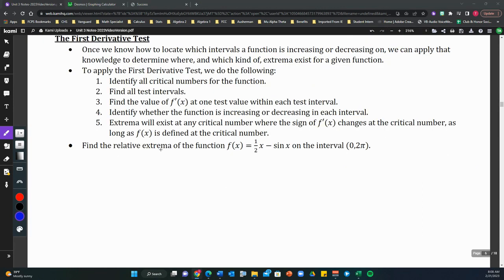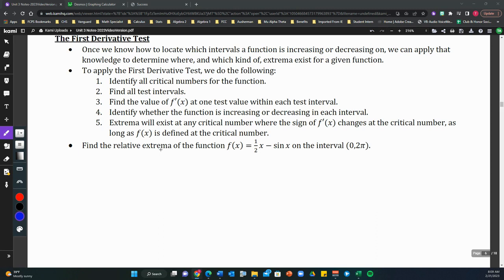All right, so now we're going to take a look at something super important to us called the first derivative test. Between this video and the next one to come, we're going to learn two tests, the first derivative test and the second derivative test. Both of them serve the same purpose, but they go about doing it in different ways.